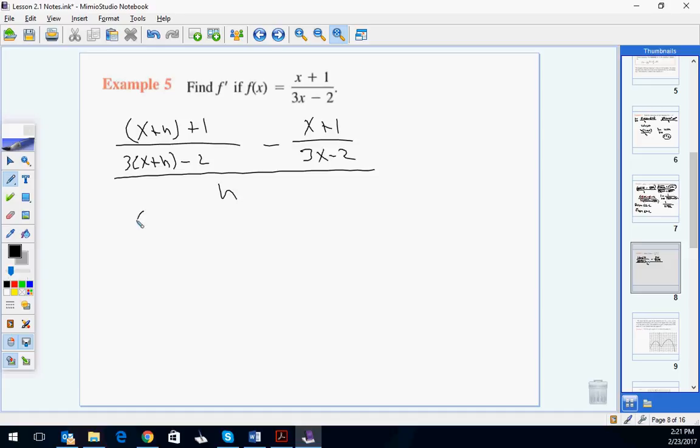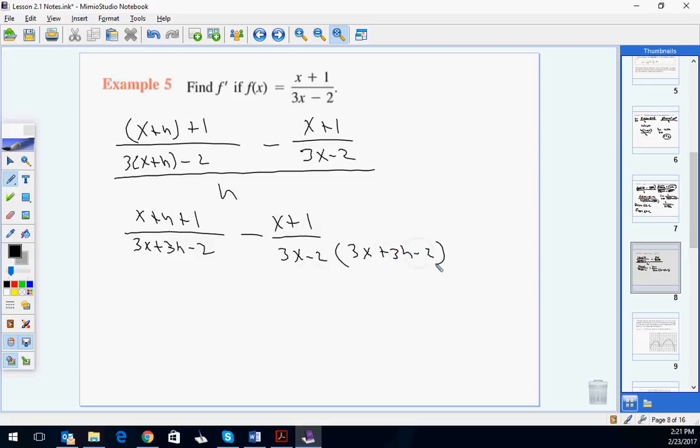Okay, so we're going to go... When you're getting a common denominator in fractions, if you can't get them to be the same, you multiply them by each other. You have to do that.